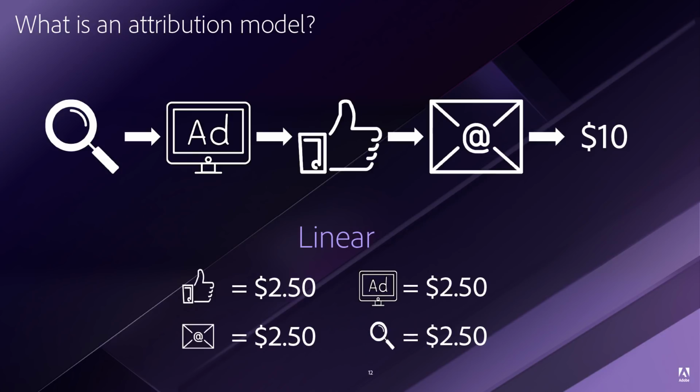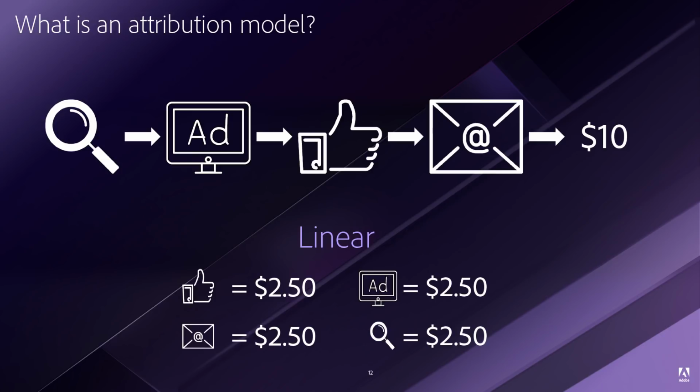So then you may not know this, you also have access to a linear or participation style attribution model, where every single marketing channel that was involved in the conversion gets a percentage of that credit. So everyone gets it divided across all of them. You can see that paid search, email, display, and social all get $250.